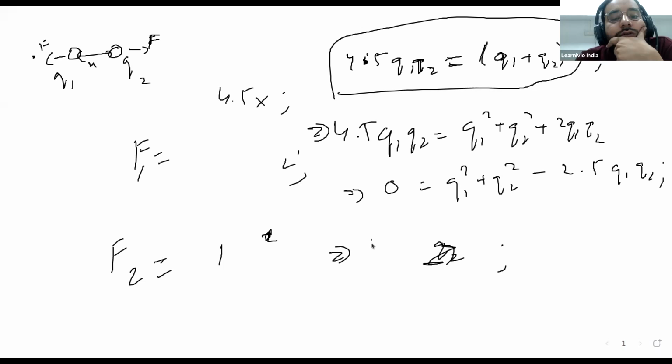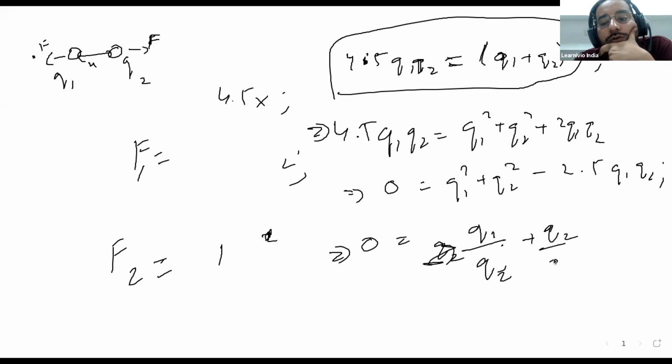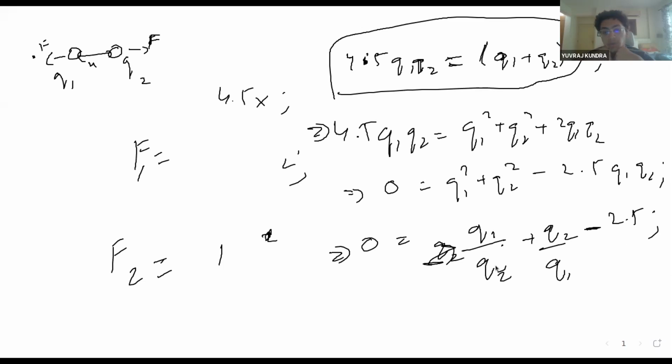Dividing by Q1 Q2 on both sides, what do you get? Q1 over Q2 plus Q2 over Q1 minus 2.5, right? Yes, sir. Okay, so now look at this trick.